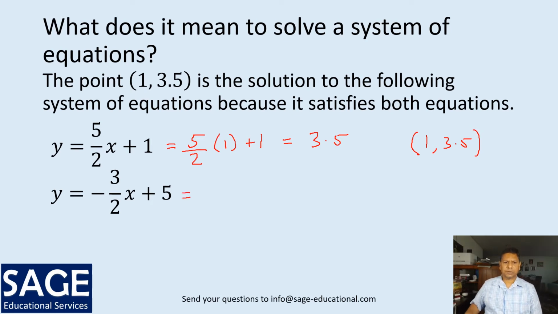Now let's do the same thing with the second equation. Let's substitute x is equal to 1 in there, and solve for y. And again, what we find is 3.5. So we have the point (1, 3.5) on the second equation as well. So the point (1, 3.5) will satisfy both of those equations, and that's why we say that this is the solution to this system of equations.